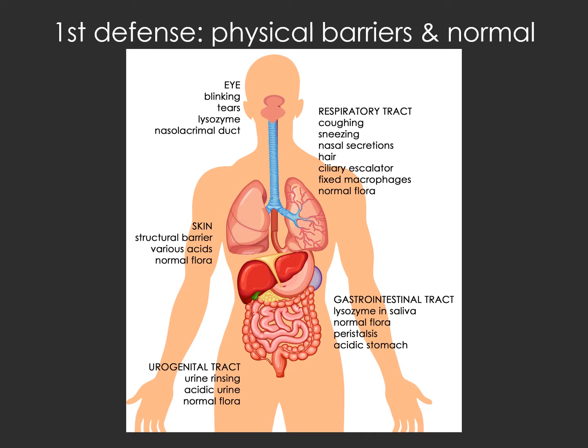Some of your physical barriers that are helpful there to keep you from being colonized by microorganisms would include lots of different mechanisms that are meant to move air and microorganisms and mucus out of the body, and that would include coughing, sneezing, nasal secretions, which you would then blow from your nose.